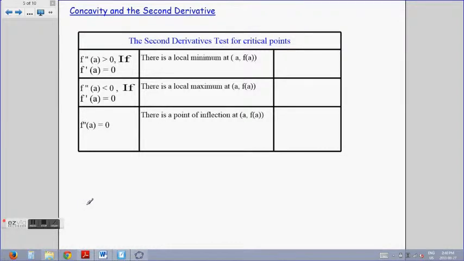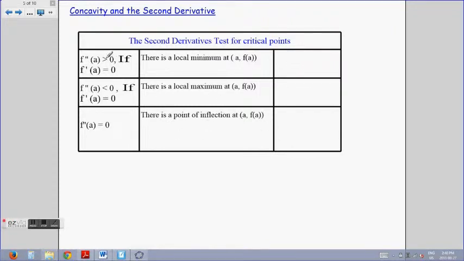Knowing this, we can also use the second derivative to classify critical points. Instead of having to go through points around the critical value, we can simply find where the first derivative is equal to 0. If it fits any of these criteria, then we know whether it's a local max, a min, or an inflection point.